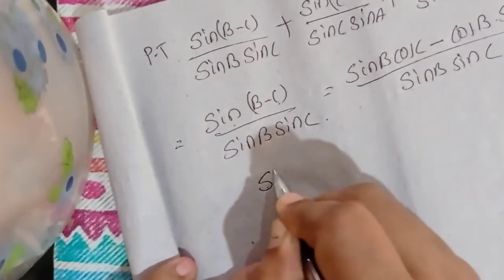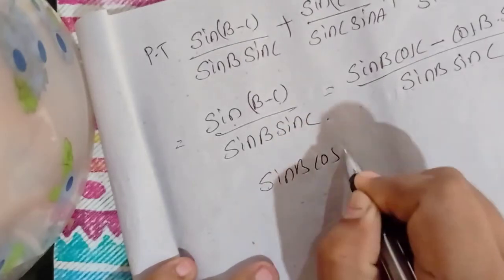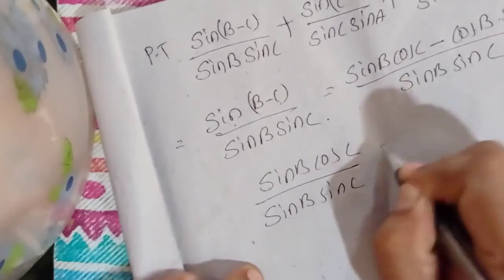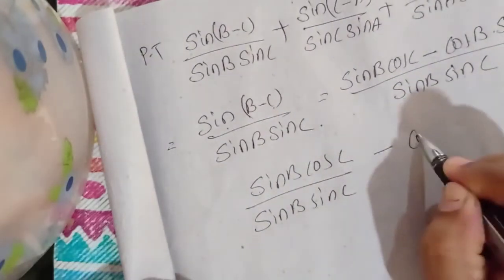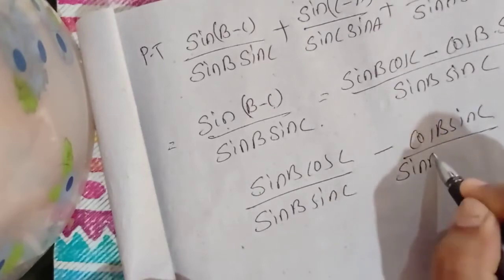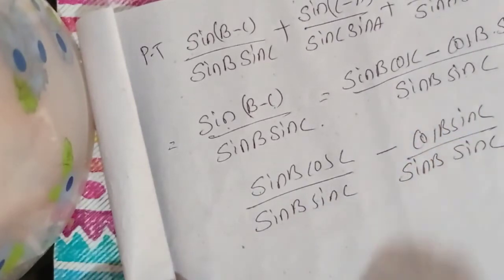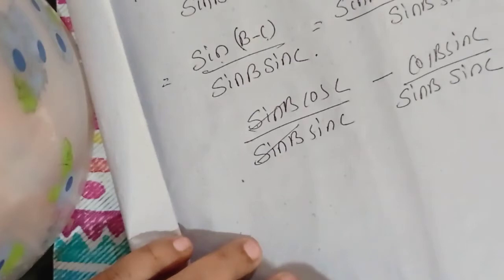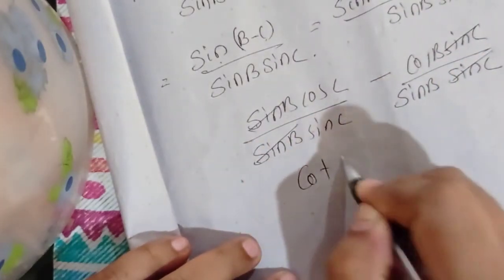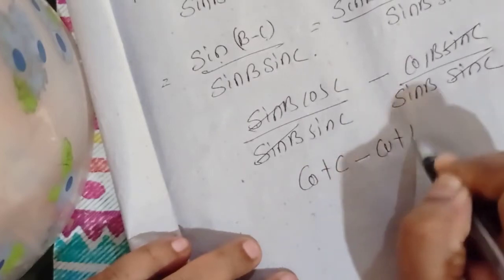Now separate: sin b cos c by sin b sin c minus cos b sin c by sin b sin c. Sin b cancel, sin c cancel. Therefore, you will get cot c minus cot b.